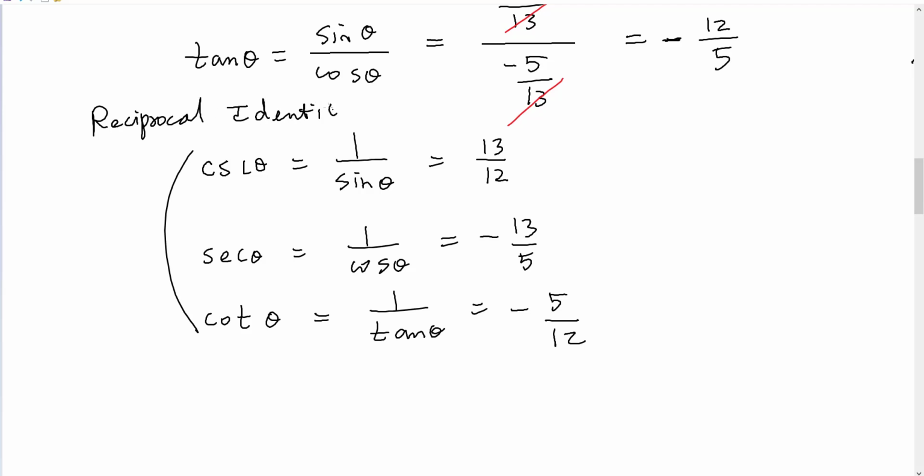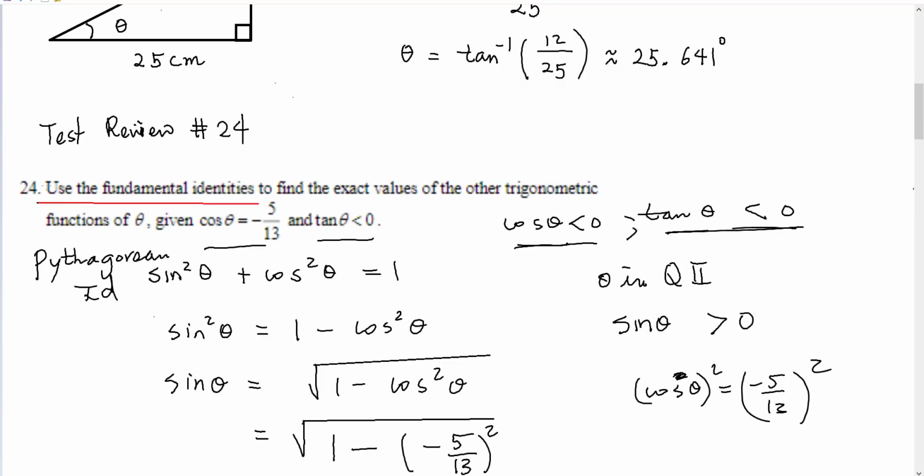These are the works I'm expecting you to show me for a question like this. When the question says use the fundamental identity, you have to use it, because I'm not checking whether you can get the answer with any method. I'm checking whether you know how to use identities. So for this question, yes, you have to use this method. Hopefully that makes sense to you.